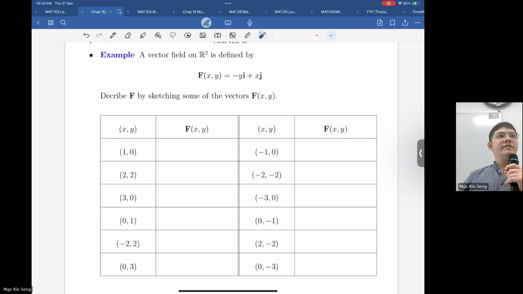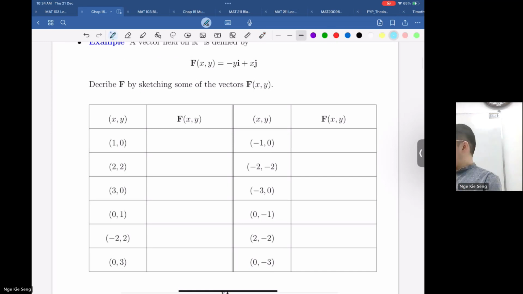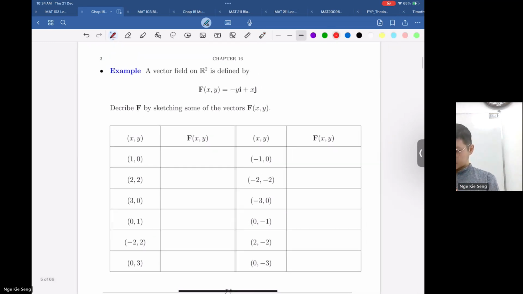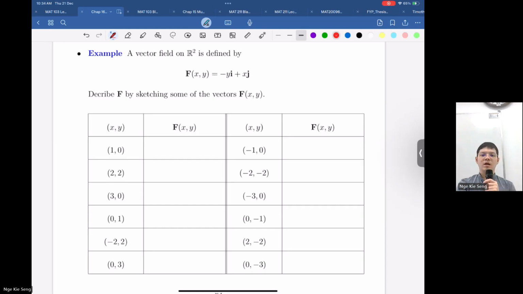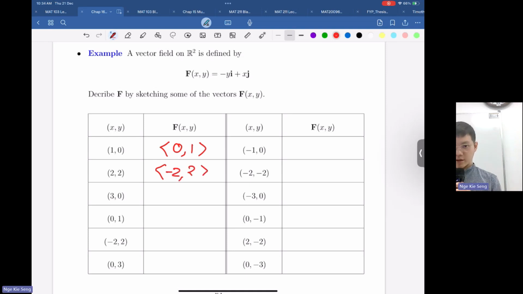Finished the calculation or not? Okay, what's the vector at 1, 0? j, or maybe I put 0, 1. How about 2, 2? What's the vector at 2, 2? Then the next one, 0, 3.